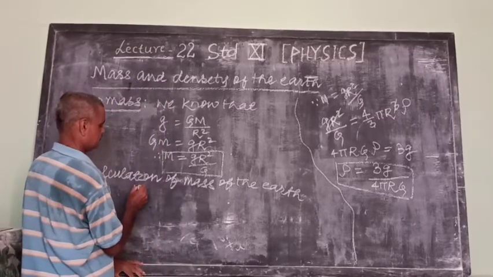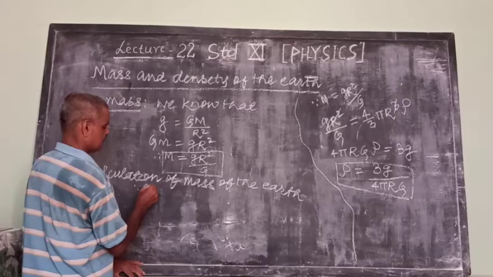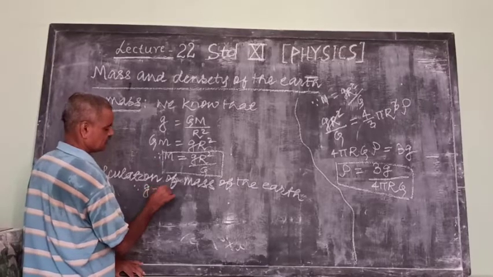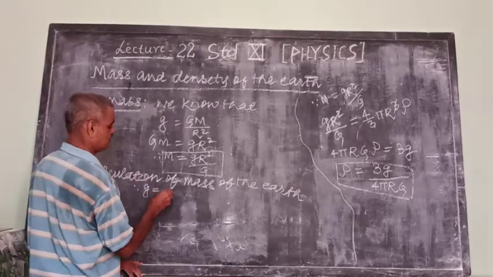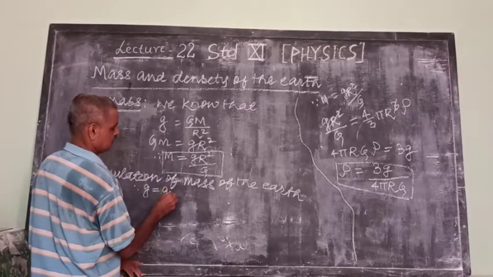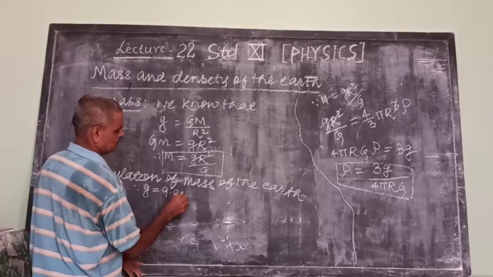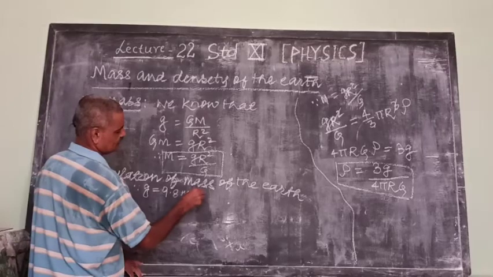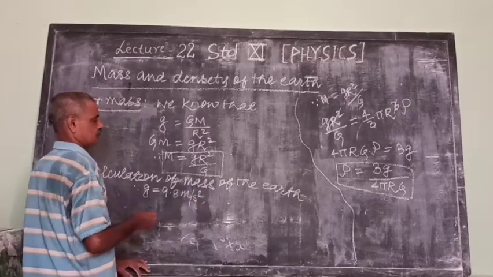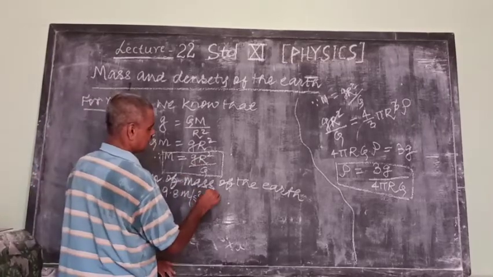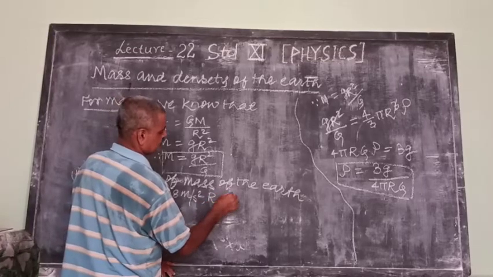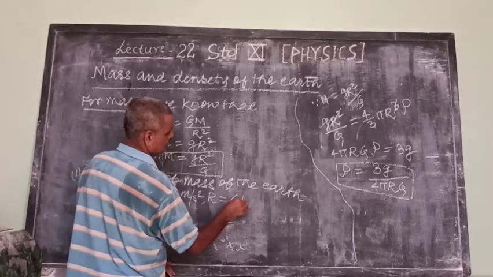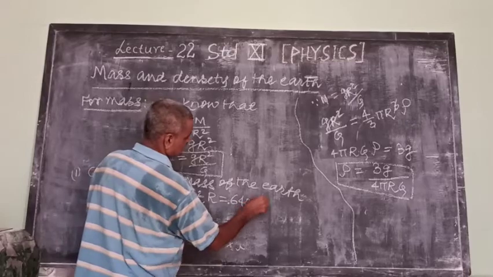Since the value of g on the surface of earth is already well known to all of you, 9.8 meter per second square. The value of r, radius of the earth, 6400 kilometers.